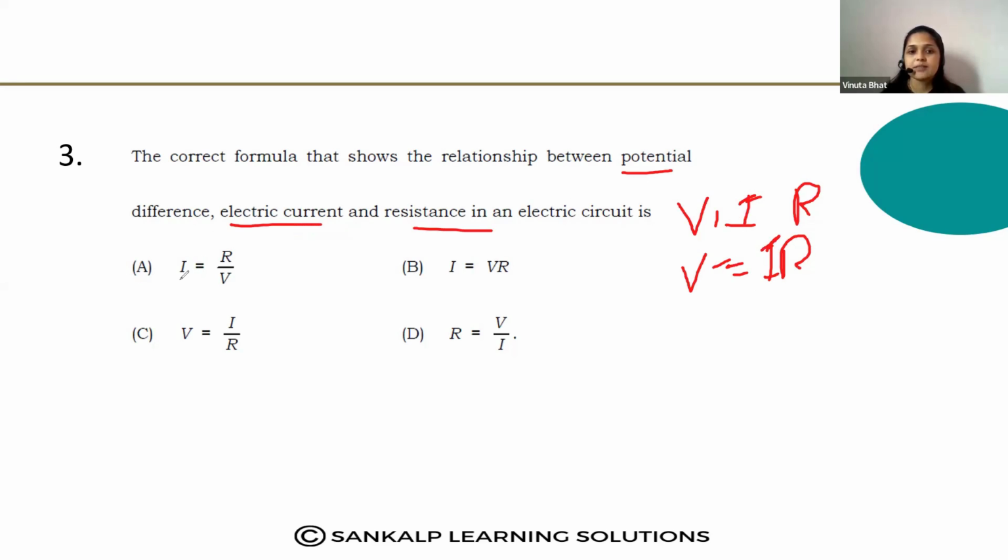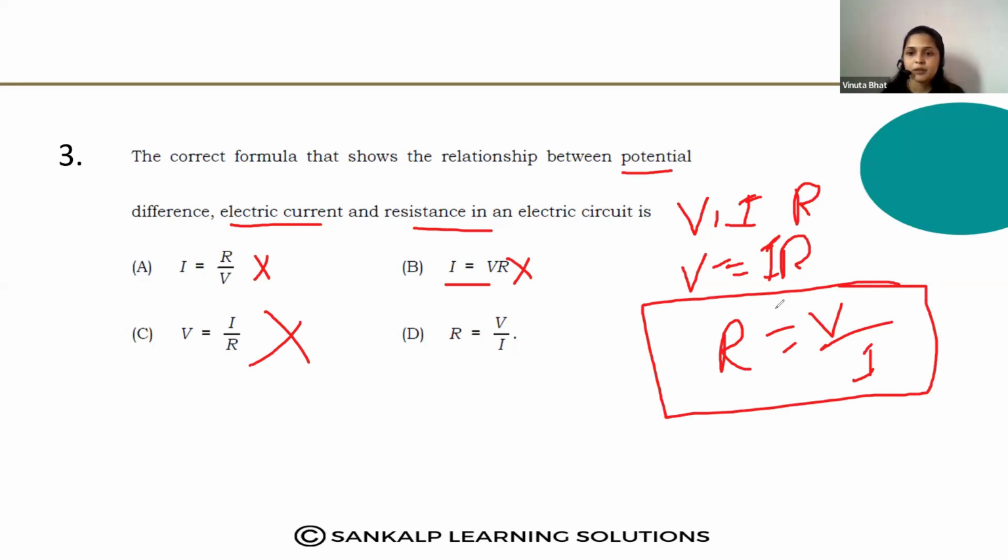Which one is the correct answer? I is equal to R by V is wrong. I is equal to VR is also wrong. V is equal to I by R is also not possible. Here, R is equal to V by I is the correct answer for this question. Option D is the correct answer.